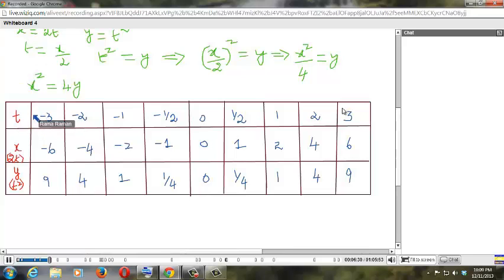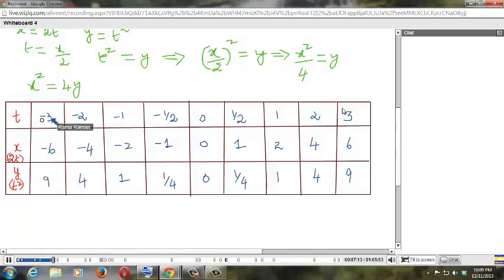Now, when t takes the value minus 3, keeping t as a constant, we get the corresponding value for x and y. So to get the coordinates of a single point xy, we keep t as a fixed value. Then, to get the next set of coordinates for another point, we change the value of t and take t as minus 2. Then, for the same value of t being minus 2, we calculate x and y. So you may see that when t is fixed, we get the corresponding x and y values, and they give the coordinates of a single point.